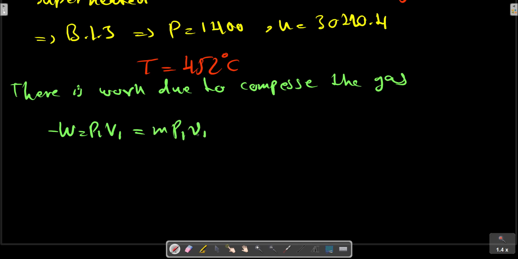So we can write the energy equation for a control mass.